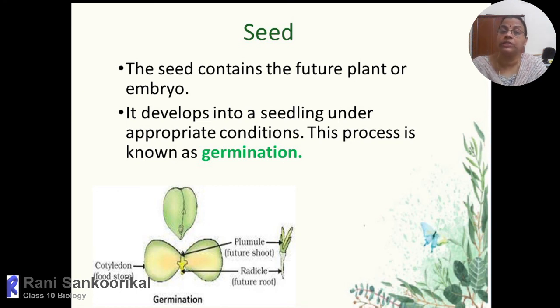If it is a monocot, there will be only one cotyledon. Based on the presence of one or two, we categorize the plants into either monocotyledons or dicotyledons. All the beans will come under dicot. Paddy, wheat, rice, sorghum, oats and so on come under monocots.